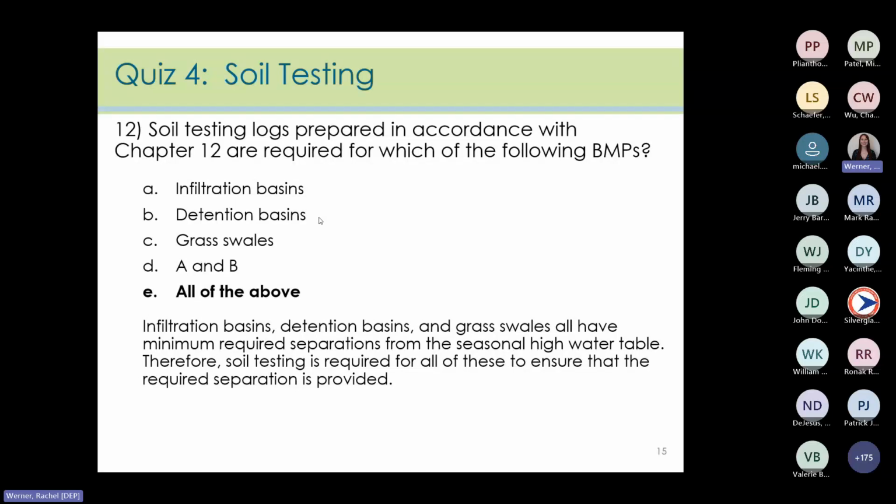Now, remember, I tried to make this point on Tuesday. A lot of people forget that grass swales can be BMPs and be used for water quality. So if a grass swale is to be used for water quality, yes, there are soil testing requirements. So last time, 49% of people got this correct. I think it was one of the lowest scoring questions overall. And today we have 61%. So that's great.